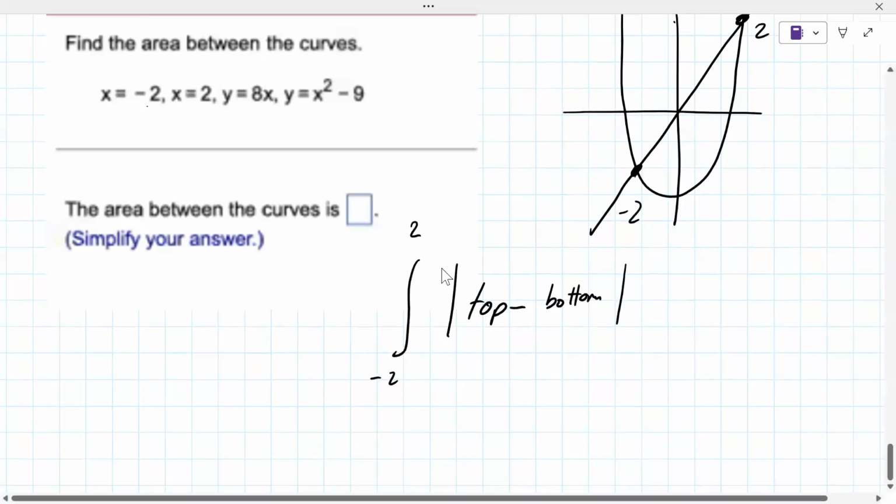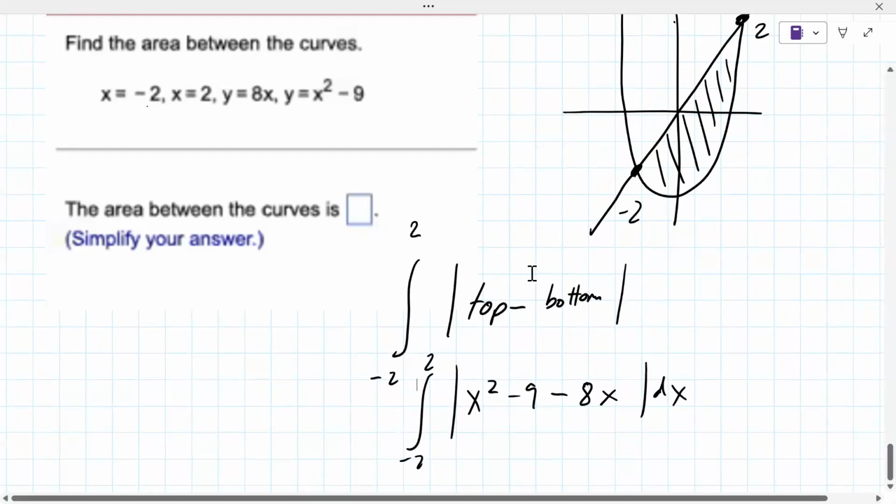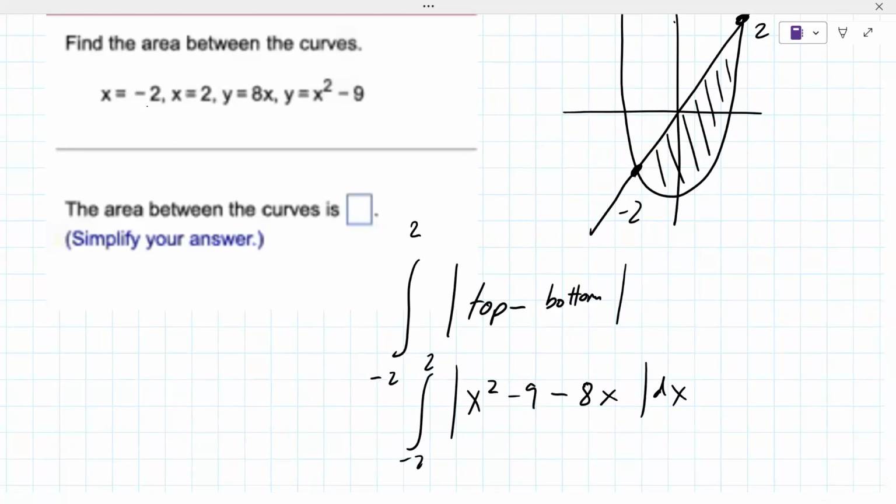Just to prove this point, you can see graphically the top is the line 8x. Let's make that the bottom, and let's do this x squared minus 9 as the top. If you do this integral from -2 to 2, you'll get the same thing as doing the top minus the bottom. Go ahead and give that a try, please.